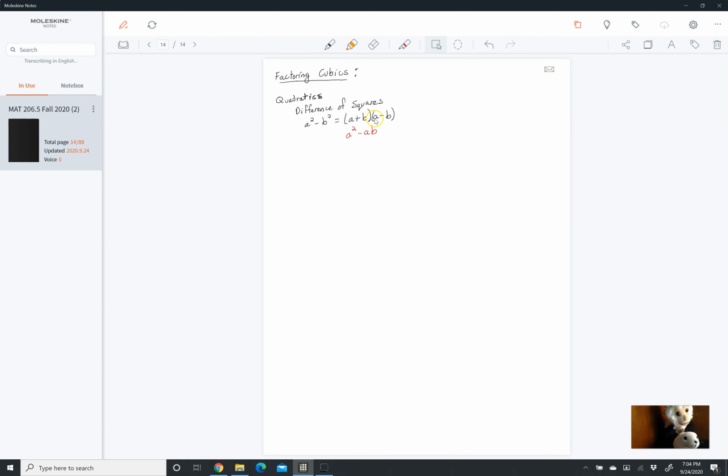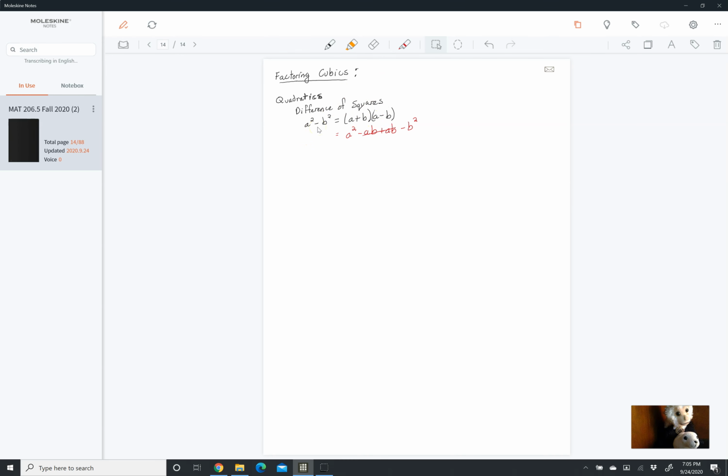Then we get plus b times a, which is also ab. And then b times negative b is negative b squared. And if you notice, this negative ab plus ab cancels, and we get a squared minus b squared. So this is really useful to know how to factor a squared minus b squared.